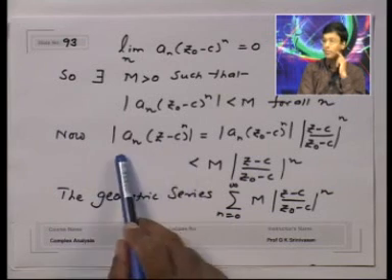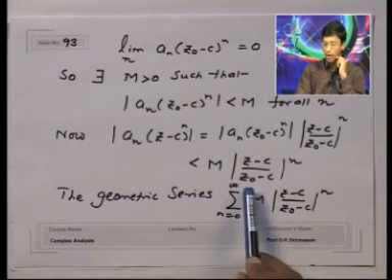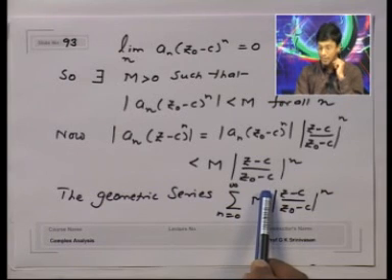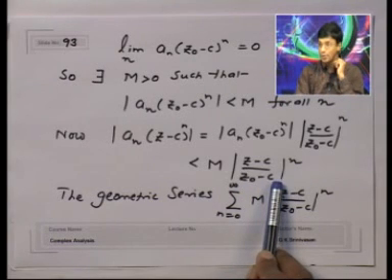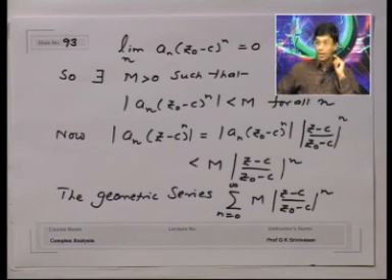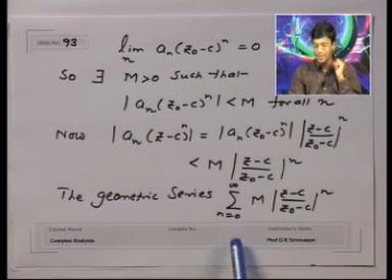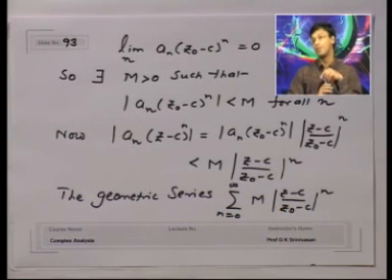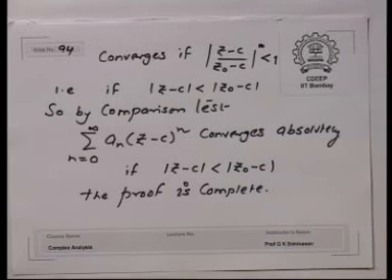So, the terms in absolute value are dominated by the terms of a geometric series, and this geometric series will converge as soon as mod z minus c is strictly less than mod z naught minus c. The geometric series sigma n from 0 to infinity m times (mod z minus c upon mod z naught minus c) to the power n converges if and only if the ratio is less than 1.